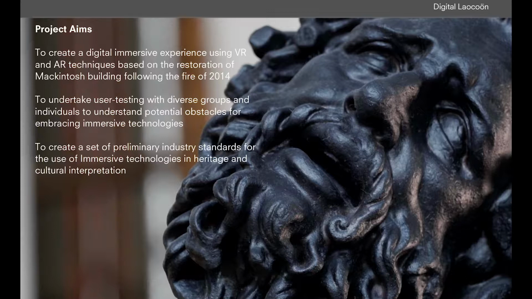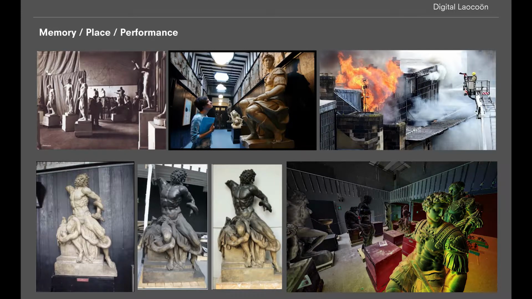The context we chose for this work was the restoration of the Macintosh building at the Glasgow School of Art, which was damaged by fire in May 2014. Obviously, as you all know now, there was another tragic event on the 15th of June this year. So the whole Macintosh building burnt down.